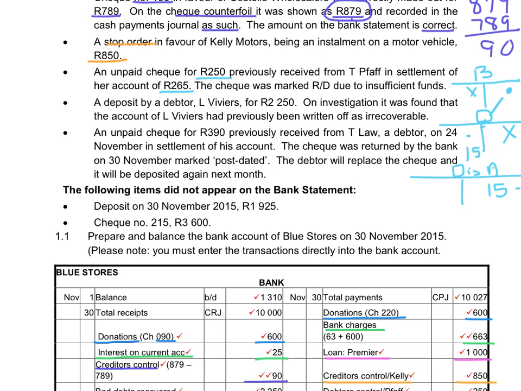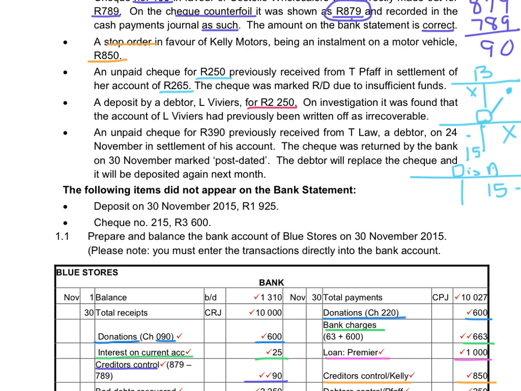A deposit by a debtor, Alpha, for 2,250. On investigation, it was found that this account had previously been written off as irrecoverable. So this previous debtor actually paid in the money of 2,250. So the bank increased with 2,250, but we can't credit the debtor, because if we wrote off his debt as bad debts, it means that we closed his account in the books of the business.